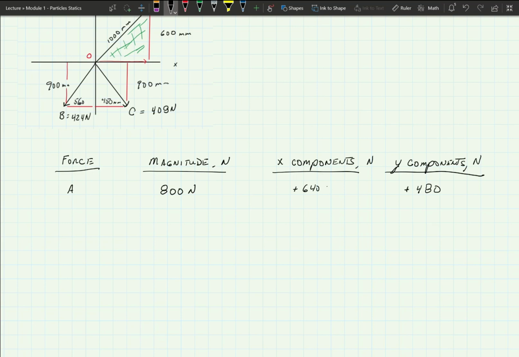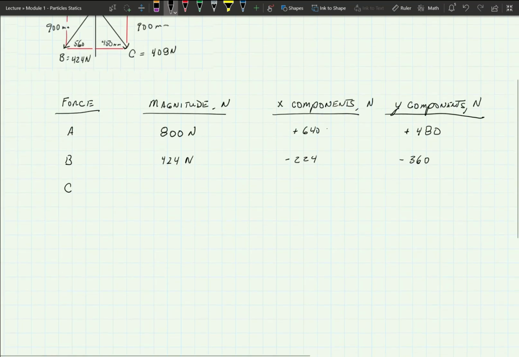Okay? And then B was 424 newtons, and I had an x component for that as negative 224, and a y component of negative 360.